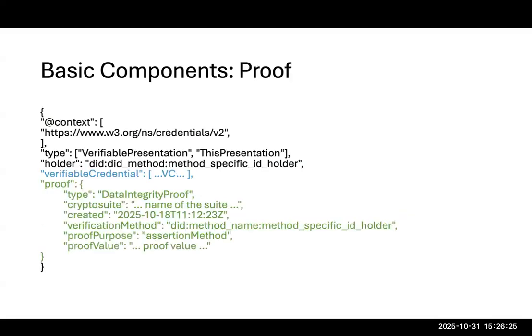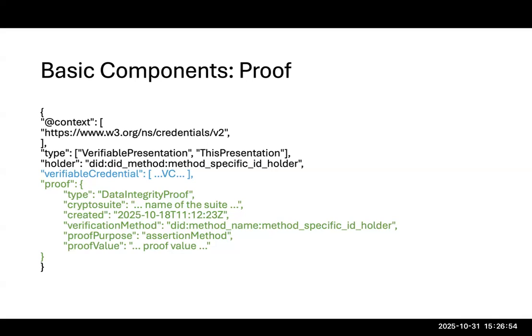and then the proof. It is exactly the same property and uses the same sub-properties that we have already addressed with the verifiable credential. There is only one point that changes with respect to the proof properties.